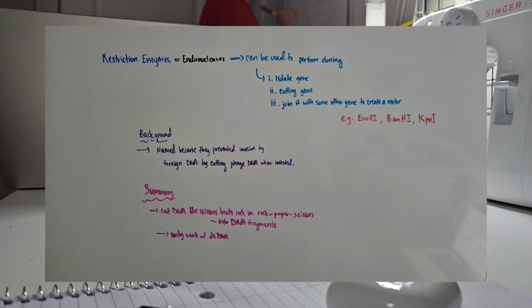I did talk about a little bit of an overview at the beginning, but types of REs include EcoRI, BamHI, and KpnI. The I is a Roman numeral, and the Eco is as in E. coli, and so on. A little bit of background: they were named because they prevented invasion by foreign DNA by cutting phage DNA upon infection.